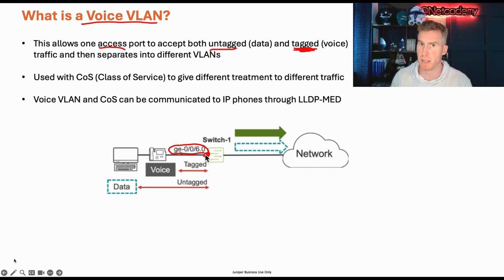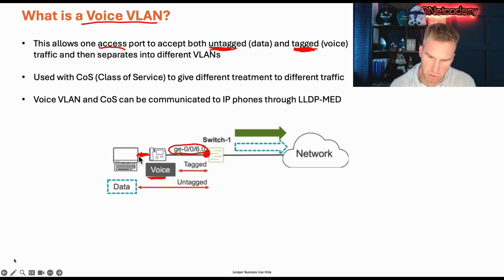The untagged traffic comes into the interface, and the switch then tags all of those frames received with whatever that VLAN identifier actually is. But now on this ge-0/0/6, we are receiving both untagged and tagged traffic. And this is because this VoIP phone here usually gives connectivity to some terminal, a PC, a laptop, or whatever it may be.